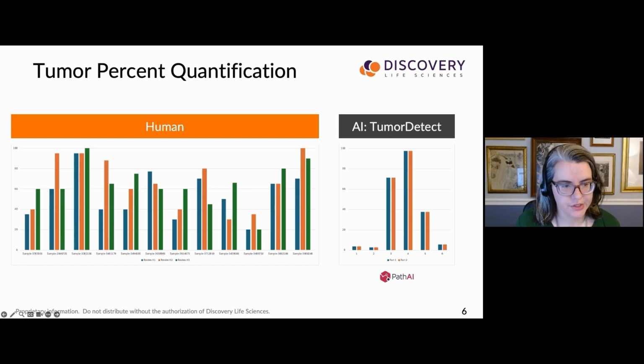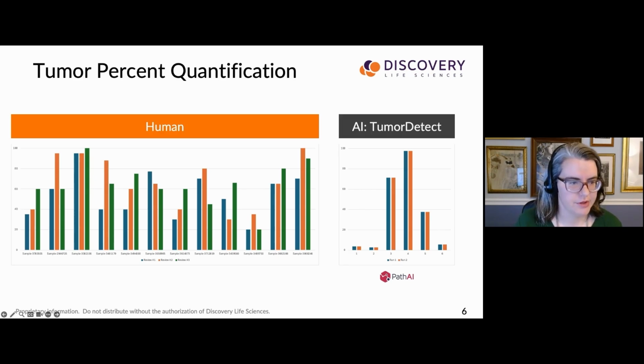This third sample is a good example of what we wish was common. The pathologist with the blue score said 95%. The one in orange also said 95. The one in green said 100. So, a high level of concordance.